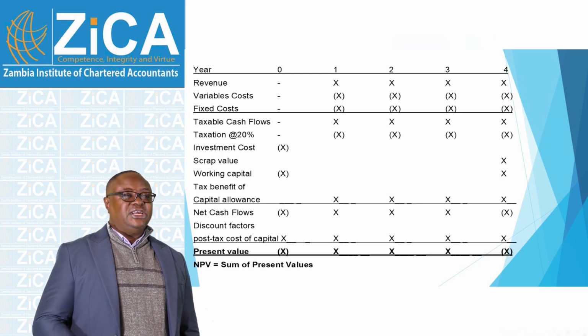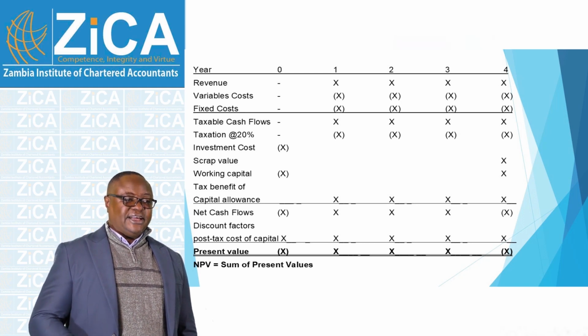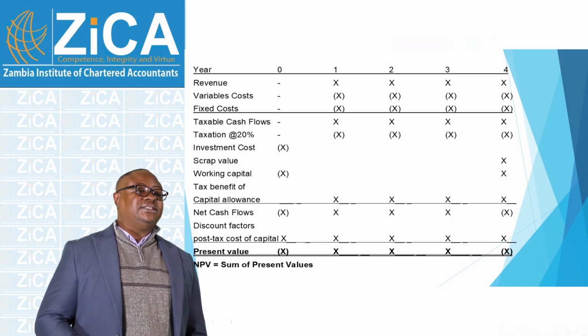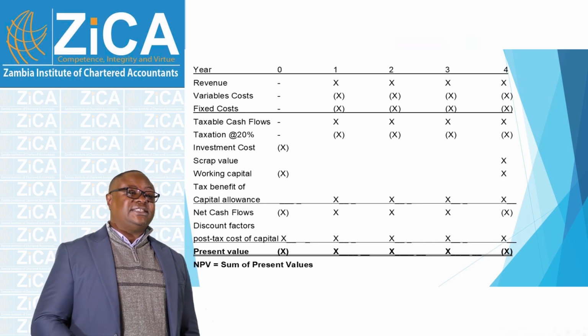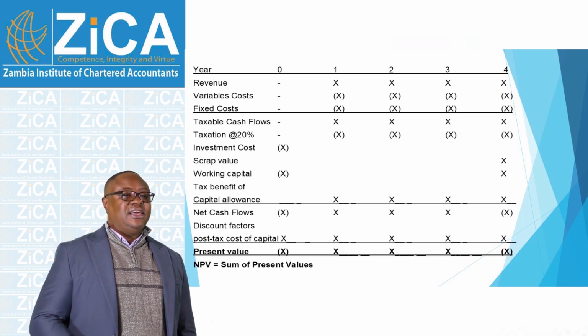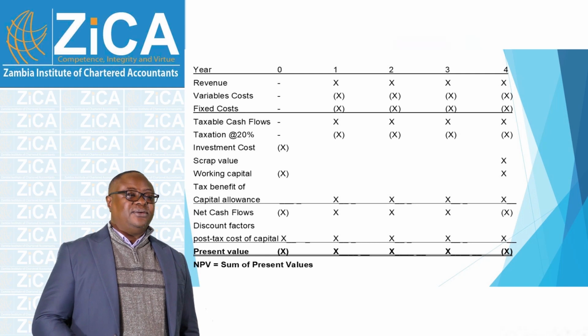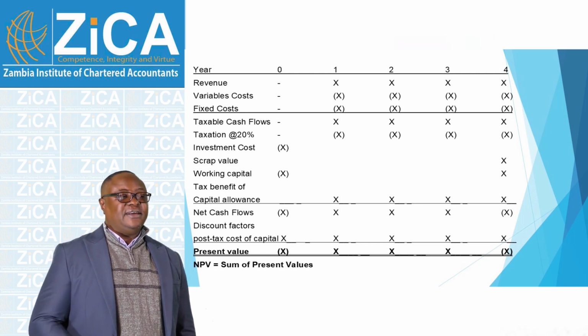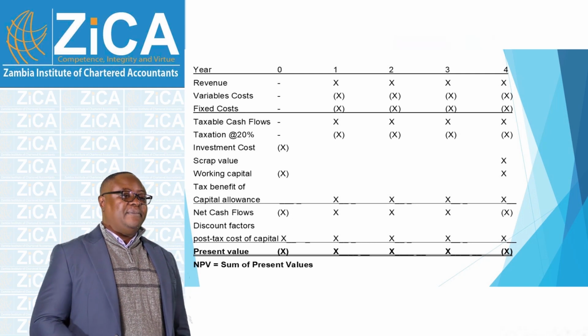At the end, you are realizing that investment, so it will be a cash inflow. Sometimes the questions are silent. If the question is silent, you may state your assumption that the working capital will be realized at the end of the project. Therefore, you put that figure there.